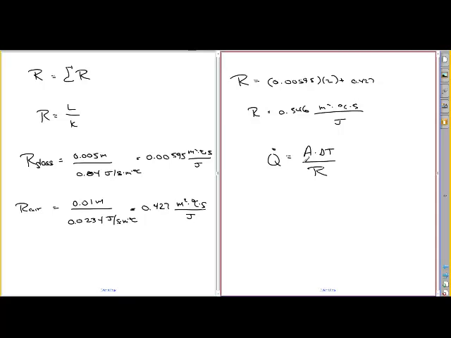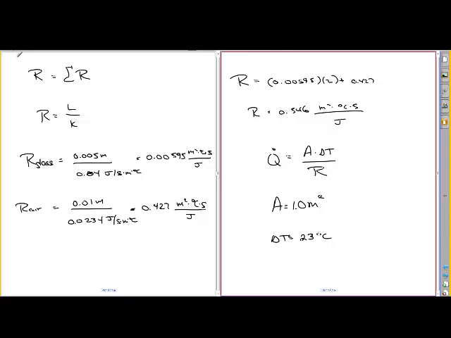In this particular problem, it said find the energy. The area is 1 meter squared because they say find through 1 meter by 1 meter, and delta T is 23 degrees C. Okay, determine the rate of energy transfer.